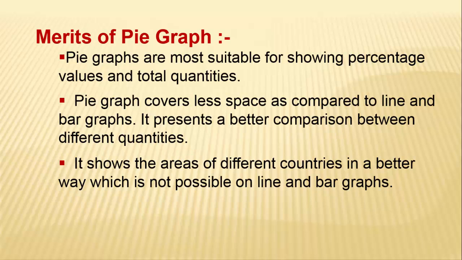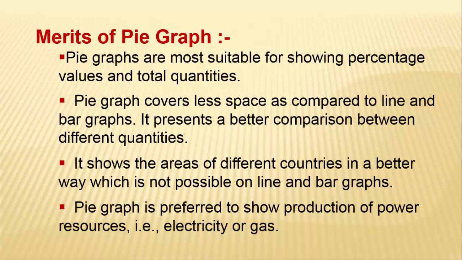It shows the areas of different countries in a better way, which is not possible on line and bar graphs. Pie graph is preferred to show production of power resources, for example, electricity or gas.